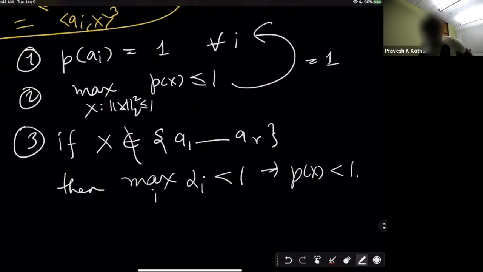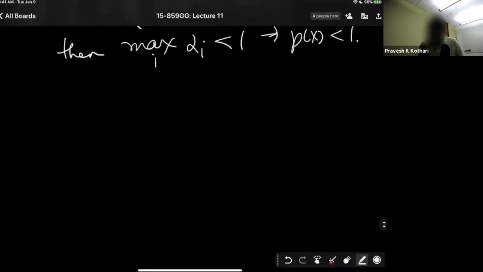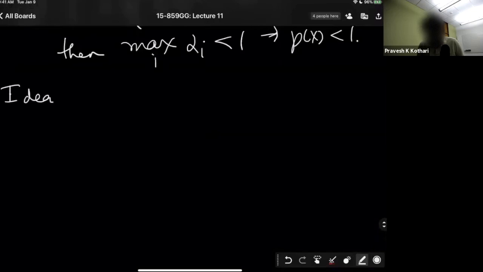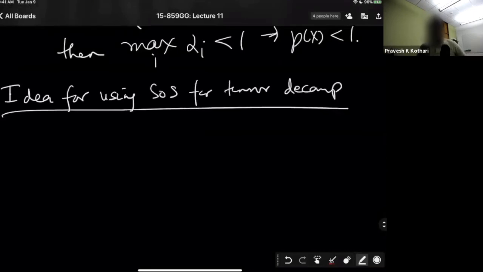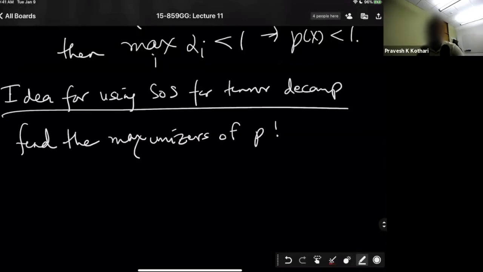Very good. So, given this connection, what can I do? So the idea for using sum of squares for tensor decomposition: well, simply try to find the maximizers of the polynomial P, right? Because that's what we've established now.